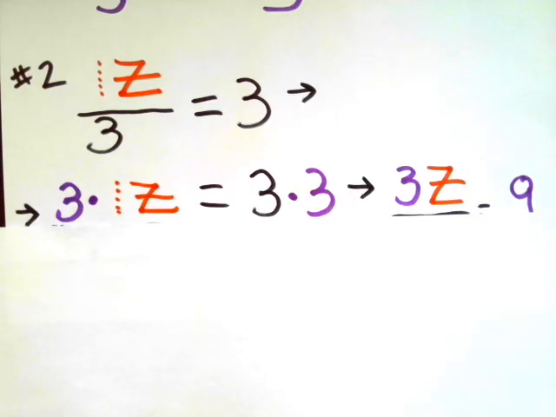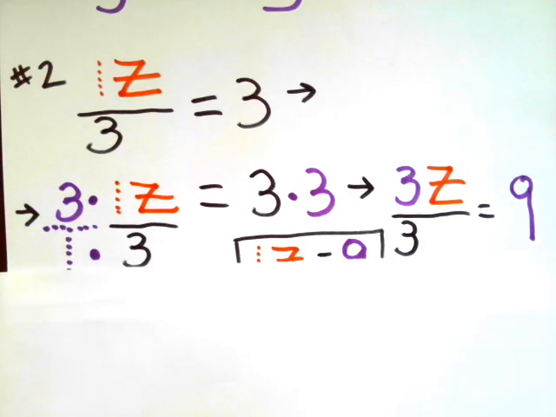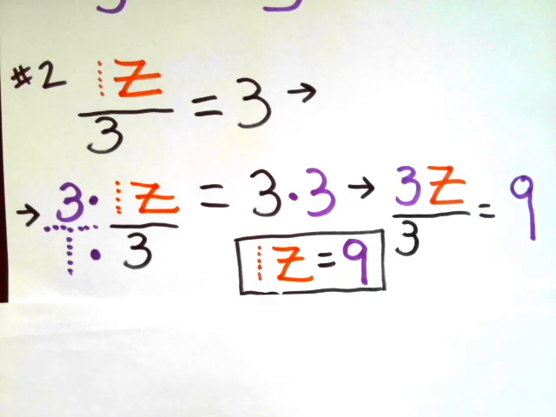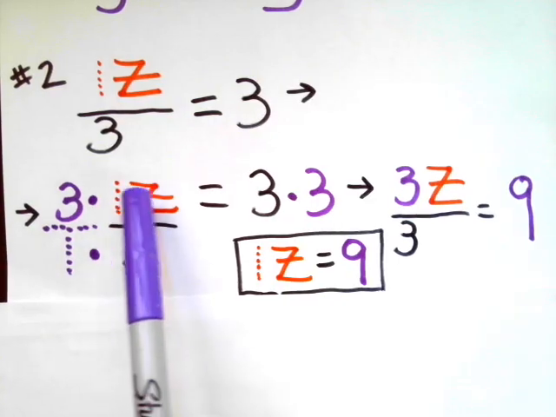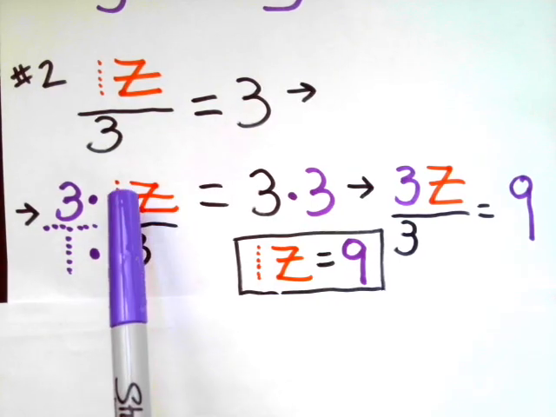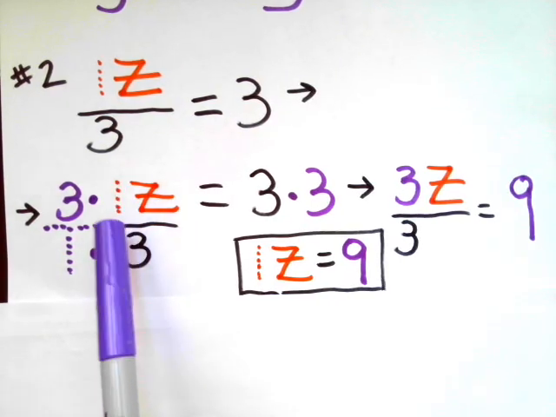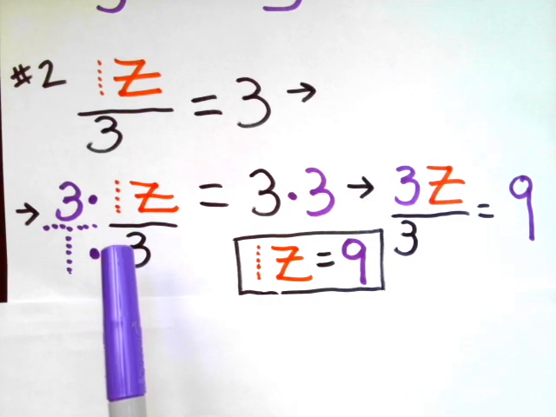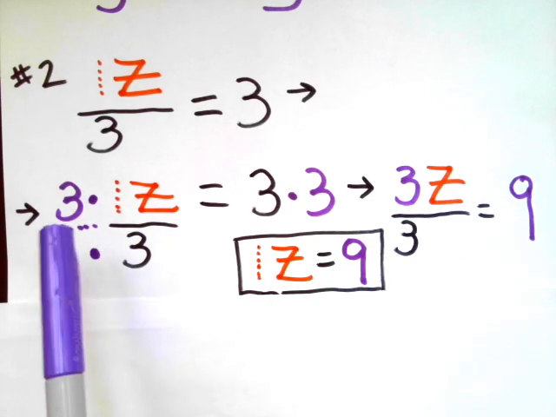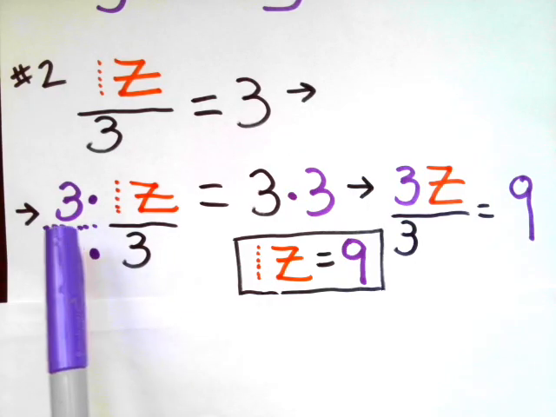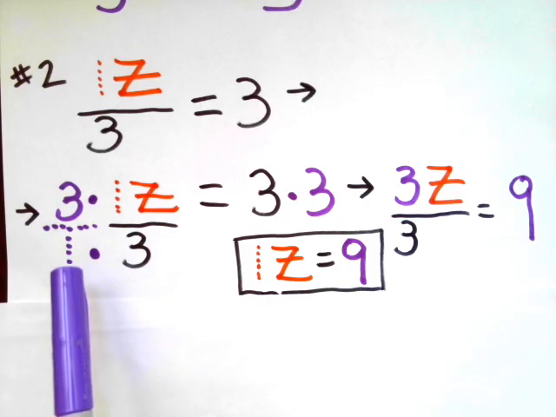Let me show you that here. I'll show you a couple of steps and the solution. So here I'm showing you 3 times the invisible 1z. Now I use invisible ones. Can you write a solid z right there? You absolutely could. And so that 3 has an invisible 1 in the denominator's place.